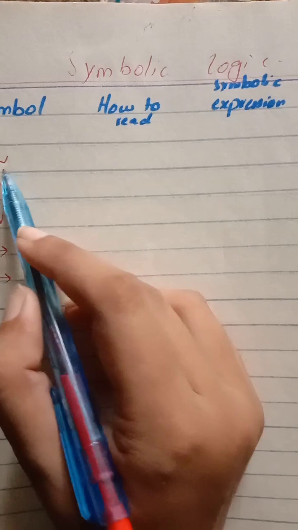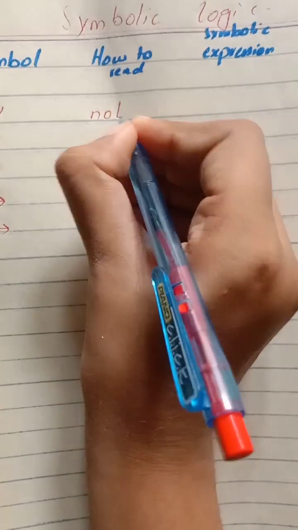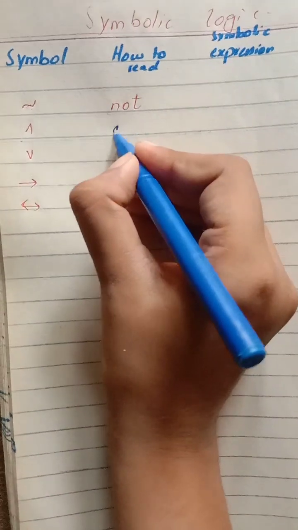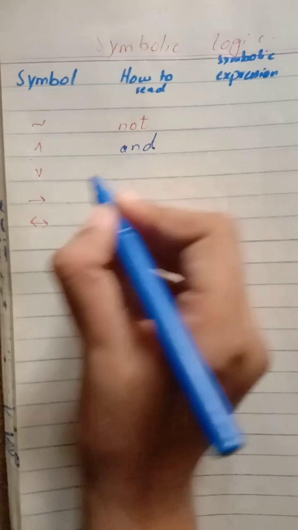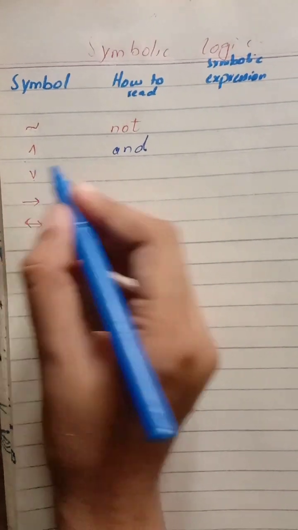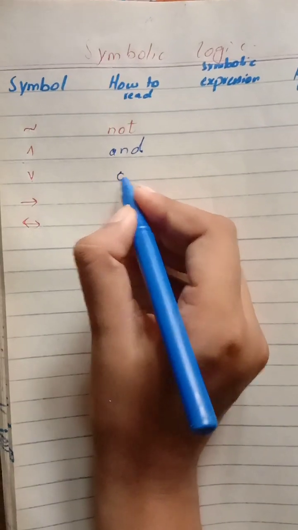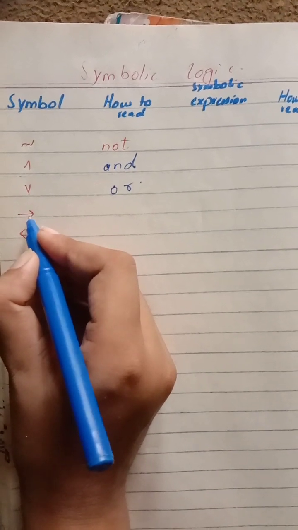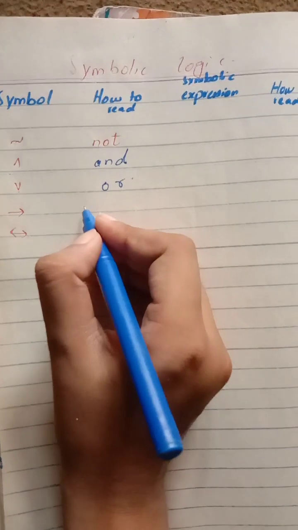Firstly, this is the symbol of not. How to read it? Not. The second one is the symbol of and. This one, with the upper face open, is or. An arrowhead on one side is if and then, or implies.